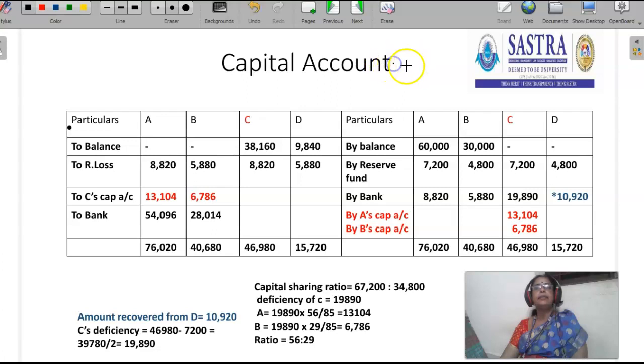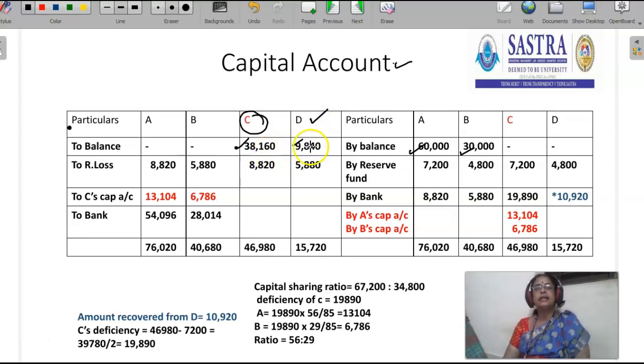Next step we have to prepare the capital account. A's balance is 60,000. B's balance is 30,000. C and D have debit balances, 38,160 for C, 9,840 for D. But C is insolvent. D is not insolvent.